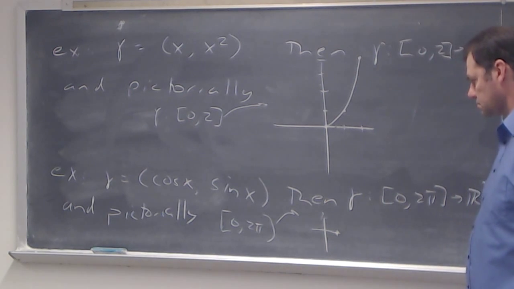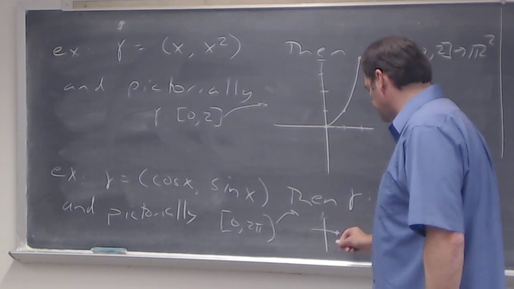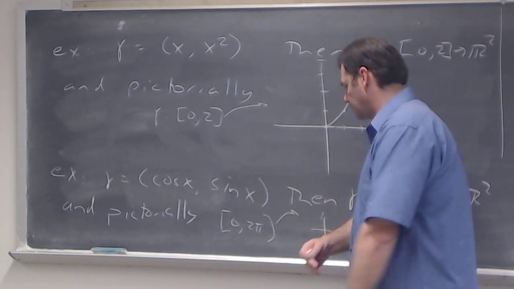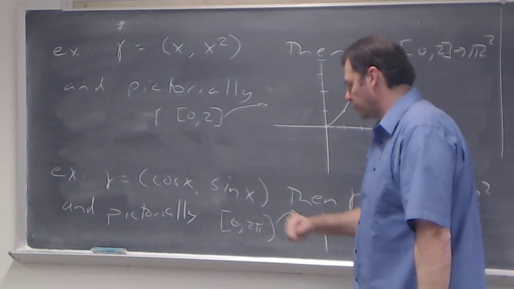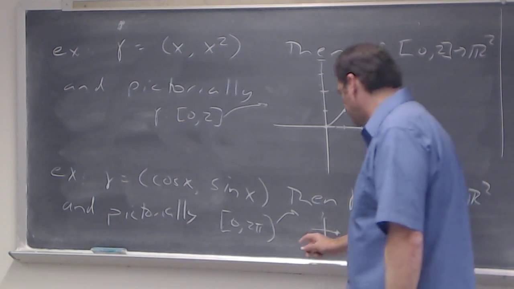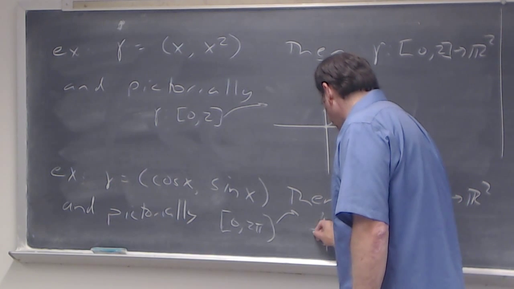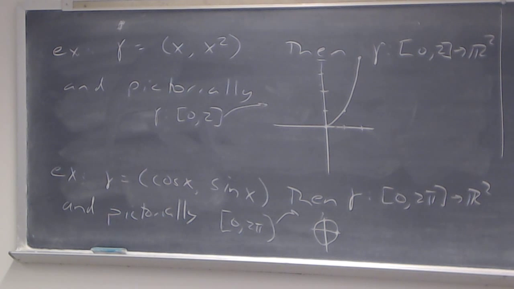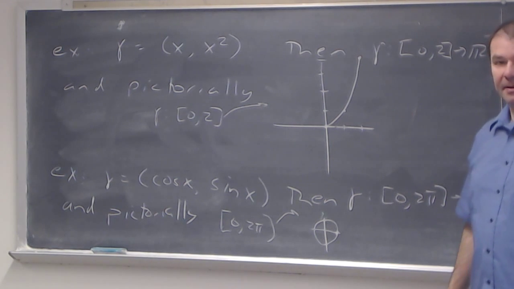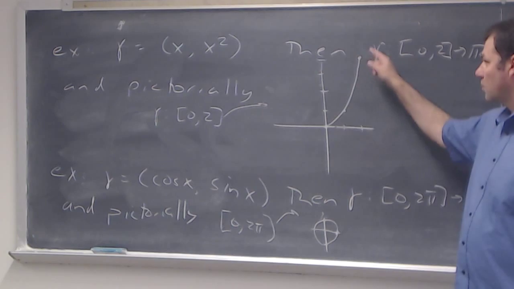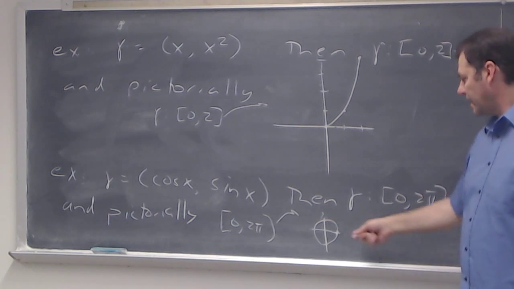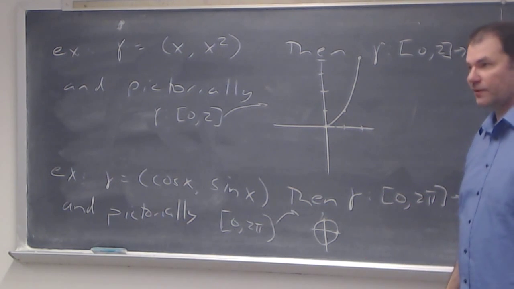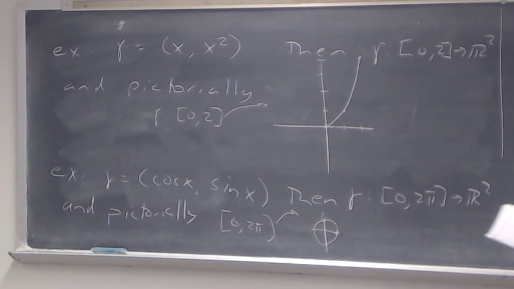As we continue to let values of x run through 0 to 2 pi, what you get is this unit circle. This first picture is an example of a curve. It's also an arc because it's 1 to 1. Here, this is an example of a closed curve.